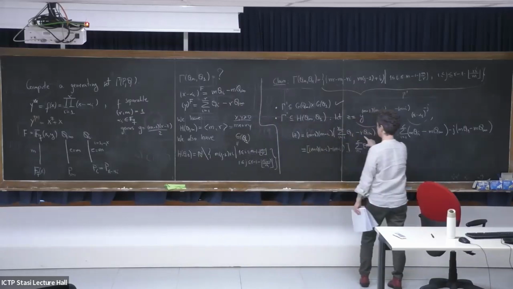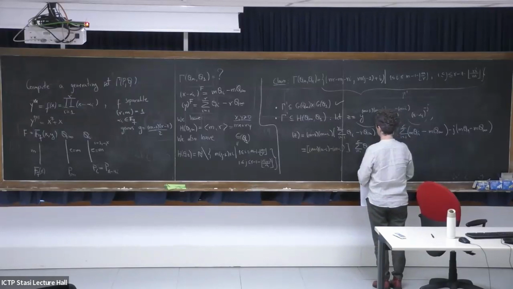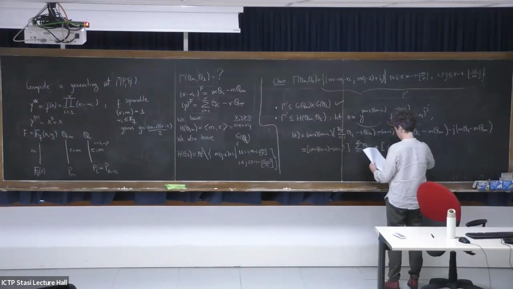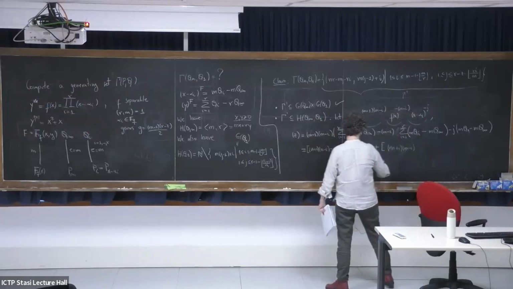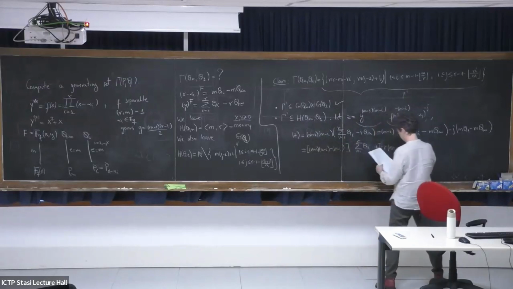So with infinity we have m plus 1, m minus I. So this guy times minus r, so you have minus r here.